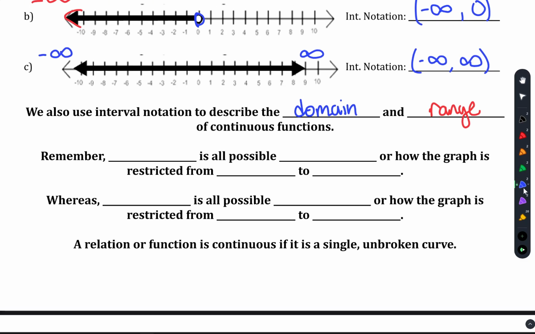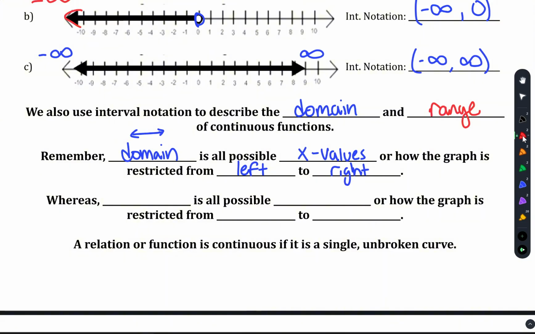As a little refresher, remember that domain represents all the possible x values. X goes left to right, so the domain literally tells us how far it is restricted from left to right. And that order is also kind of important. That order, left to right, is also the order that we're going to be writing our interval notation in.